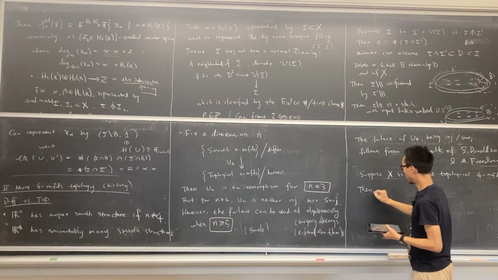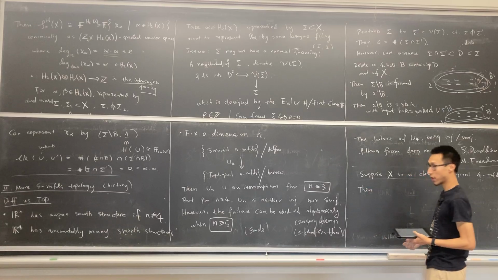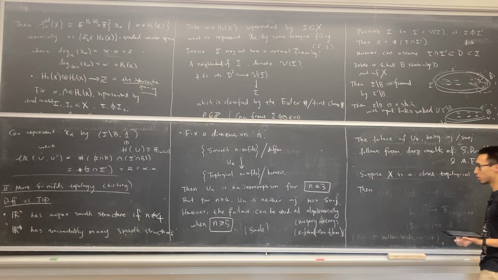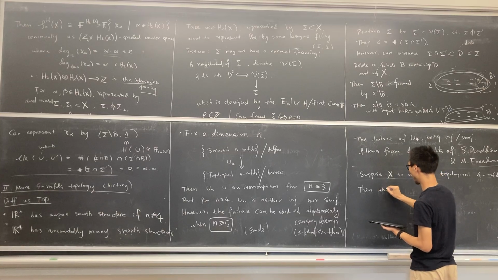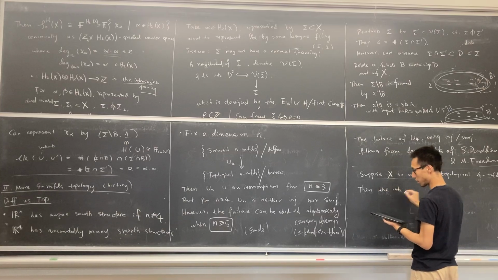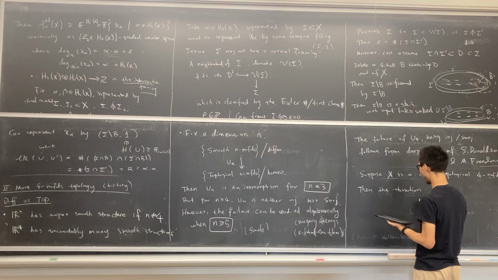Then one very useful invariant beyond the homology groups is the so-called intersection pairing, which we already introduced a while ago. But let me give you a notation.